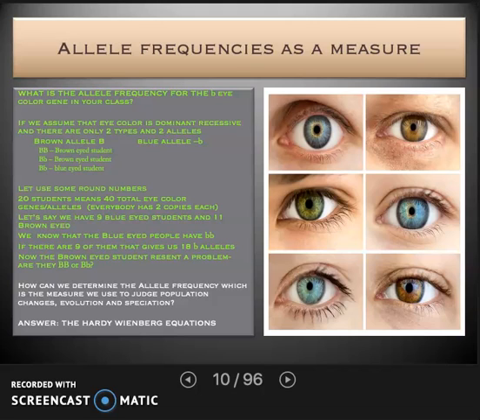If you have brown eyes, though, I don't really know what your genotype is. You could be big B big B, or big B little b. There's a way to figure that out, and it's called the Hardy-Weinberg equations. Let's take a look at that.